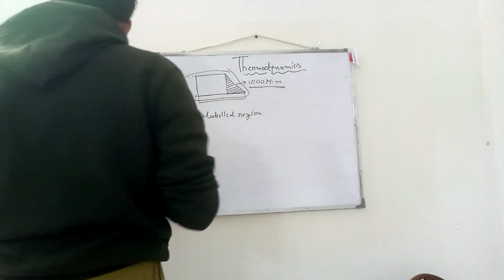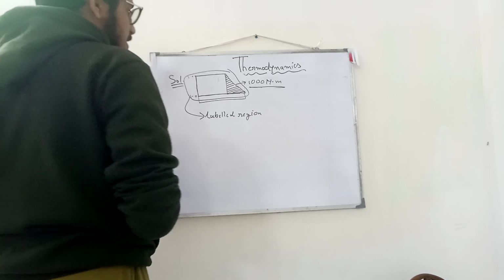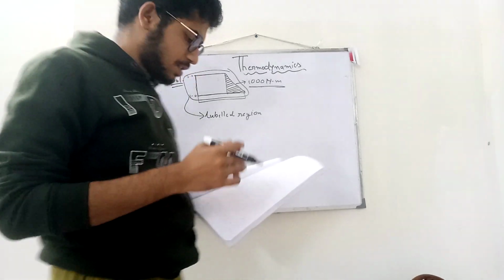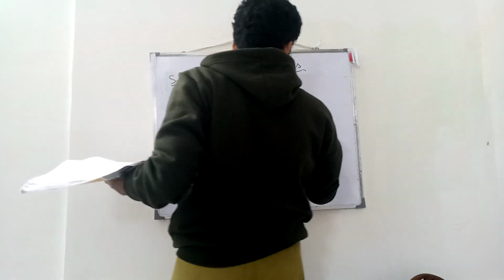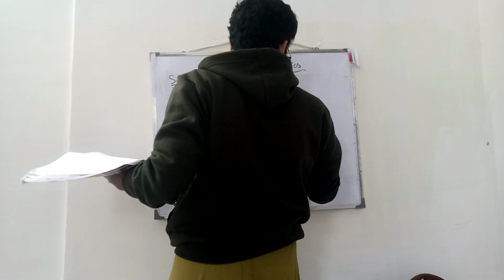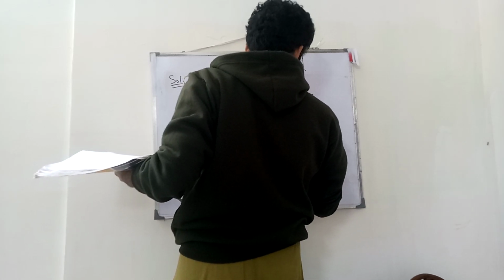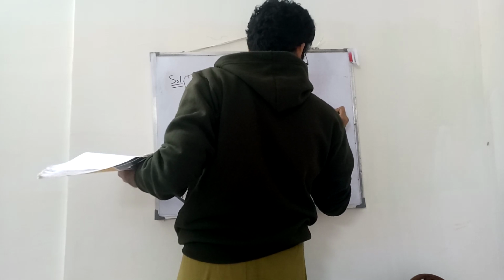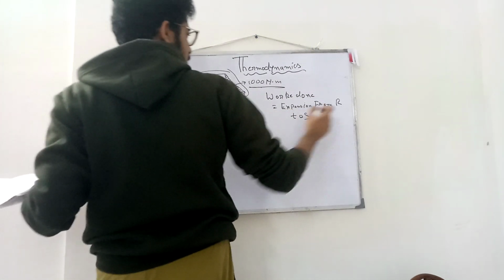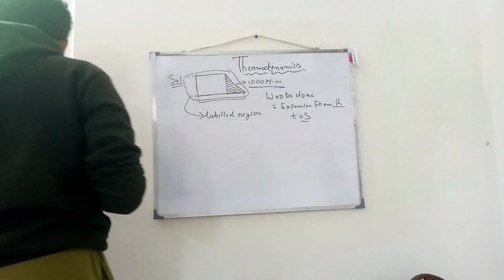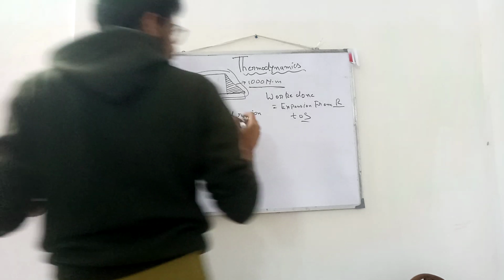Okay, so we have to find out: an ideal gas undergoes an isothermal expansion from state R to state S. So we have to find out the work done during the isothermal expansion from R to S. Work done is equal to the expansion from R to S. What is this expansion?